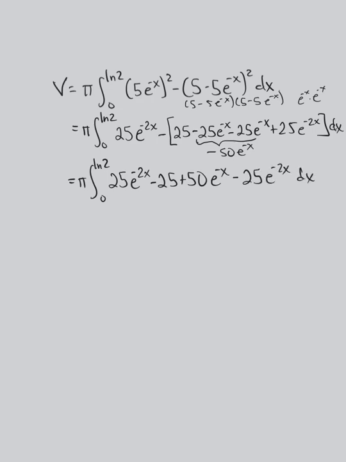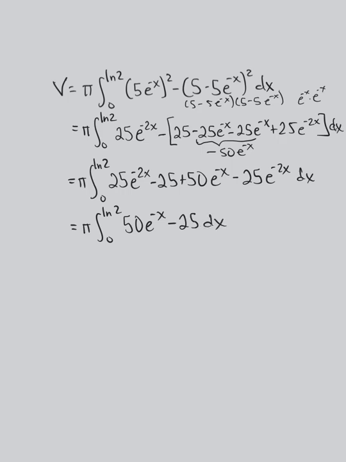Do you notice something nice that just happened there? Be careful about canceling. Make sure that you actually have opposite signs that cancel. But those actually cancel each other, and so our integral just became a lot nicer. We have pi integral 0 to ln of 2 of just 50 e to the negative x minus 25 dx.